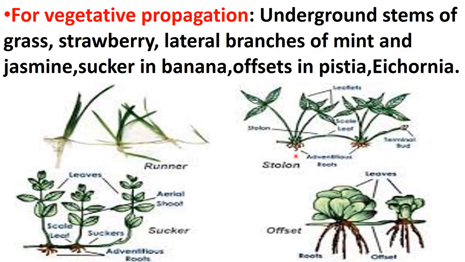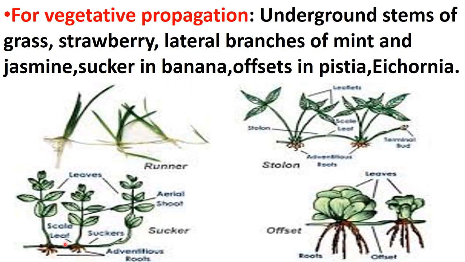You can see here a stem is arising from the base of this stem. Then it is growing aerially, then arcs downward and touches the ground and gives rise to a new plant. Such modified stems are called stolons, and these are found in mint and jasmine. Then third is sucker in banana.